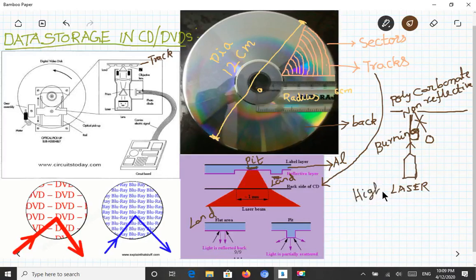This is high energy while writing, whereas while reading we will use low energy. For reading we will use a low energy laser, so that the surface will not get affected. A high energy laser beam means the surface will get affected. So for reading we will use a low energy laser.